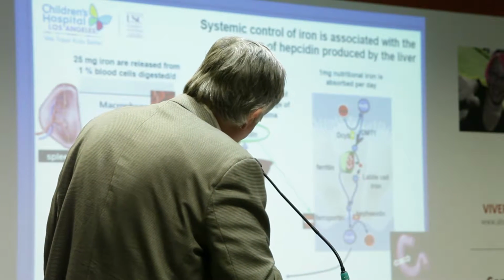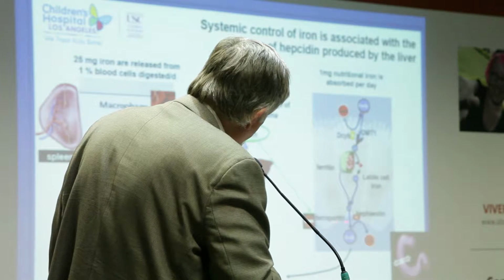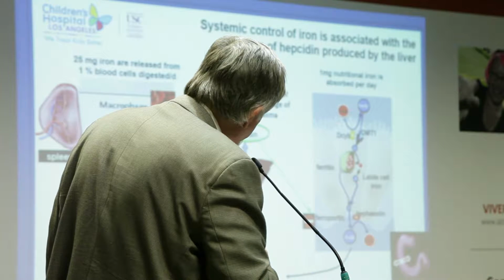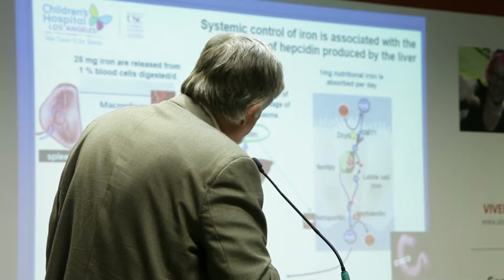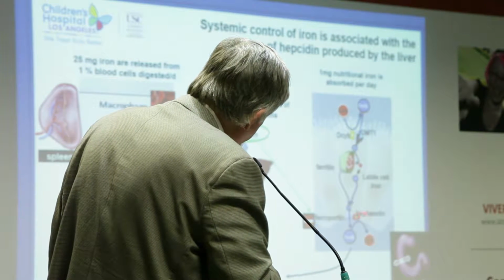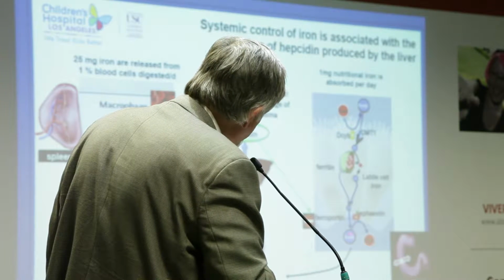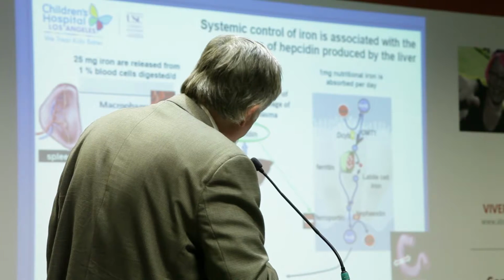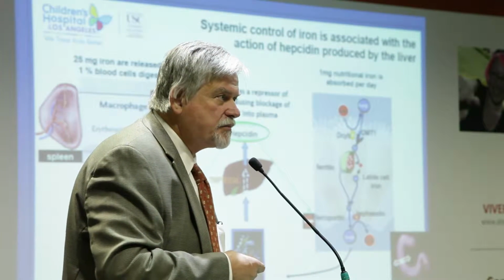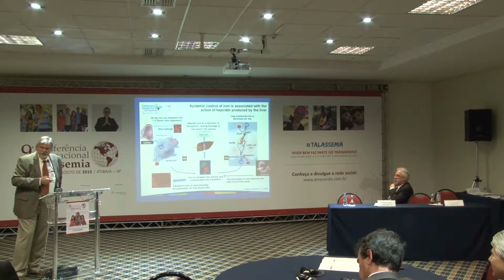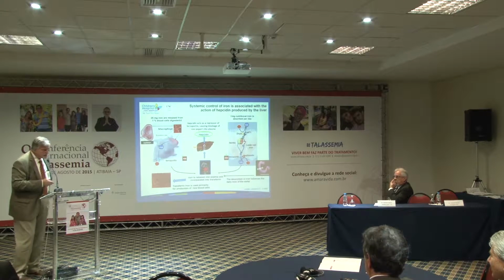Fe plus 2 exits through ferroportin, which is the only iron exporter, and it requires that the iron be plus 2. As soon as the iron goes out, it is converted by a copper enzyme, hephaestin, and in the plasma, ceruloplasmin, to plus 3, because it's transported on transferrin as Fe plus 3. Transferrin requires the iron to be in the plus 3 state to transport it, and it's non-toxic.